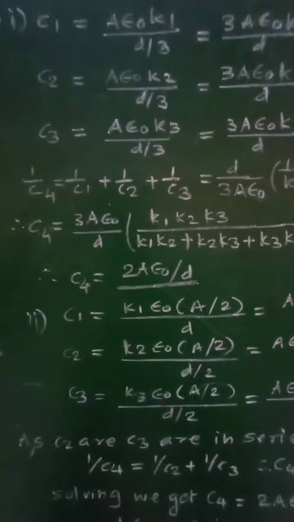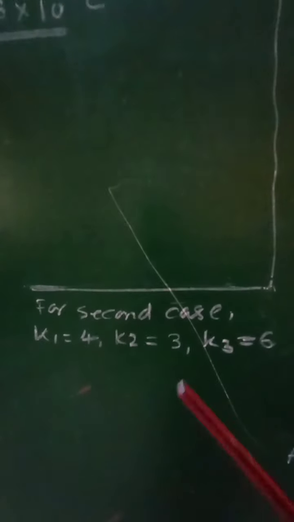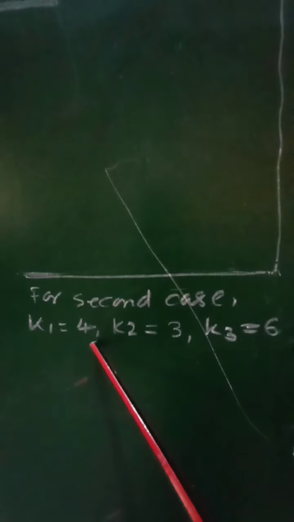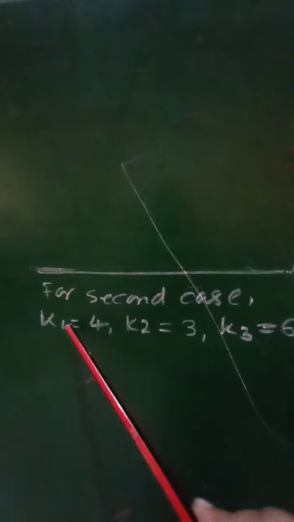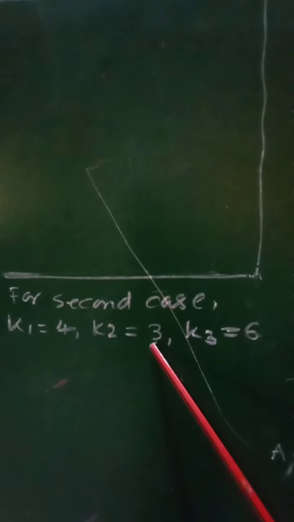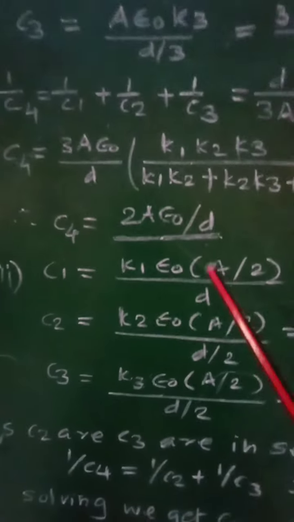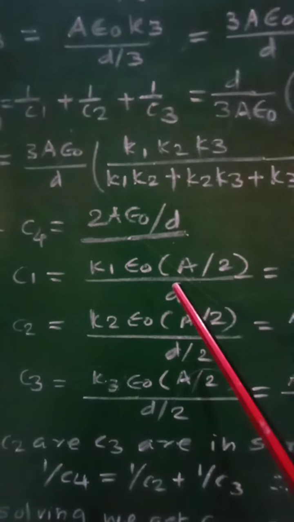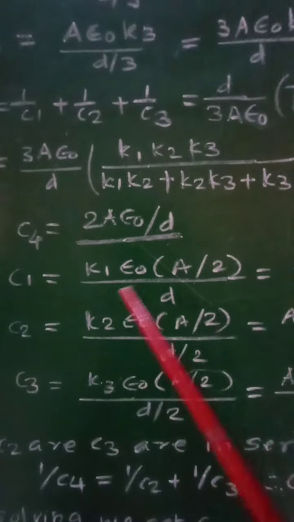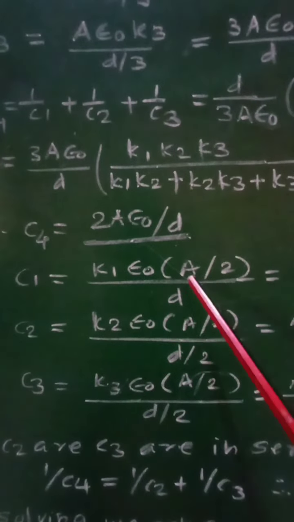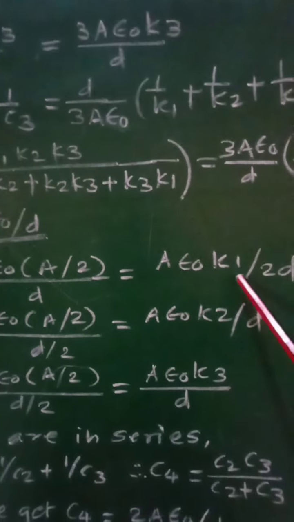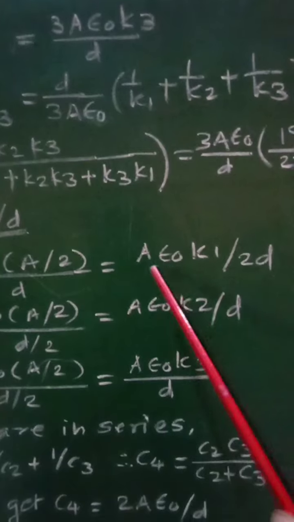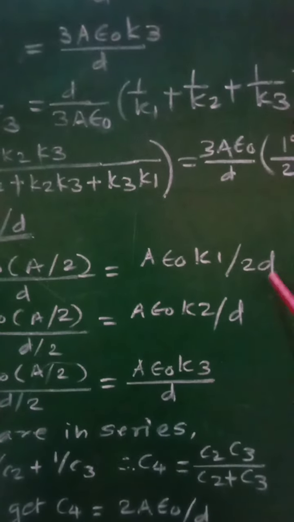Now if you consider the second condition, K1 is equal to 4, K2 is equal to 3 and K3 is equal to 6. Therefore C1 will be equal to K1 epsilon 0 A by 2 upon D, which comes out to be A epsilon 0 K1 upon 2D.